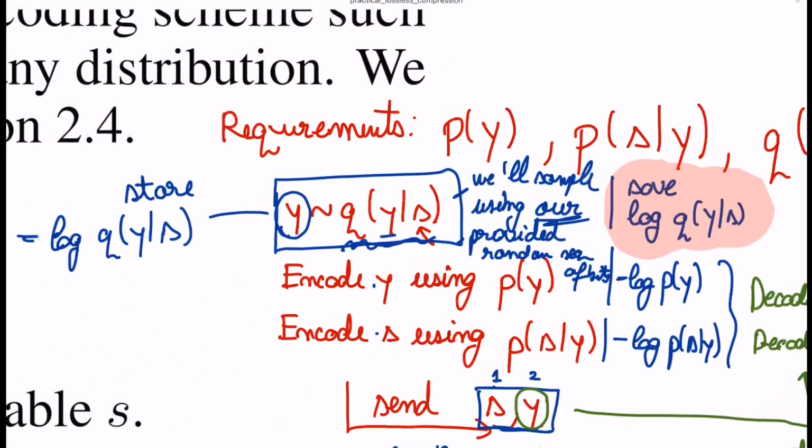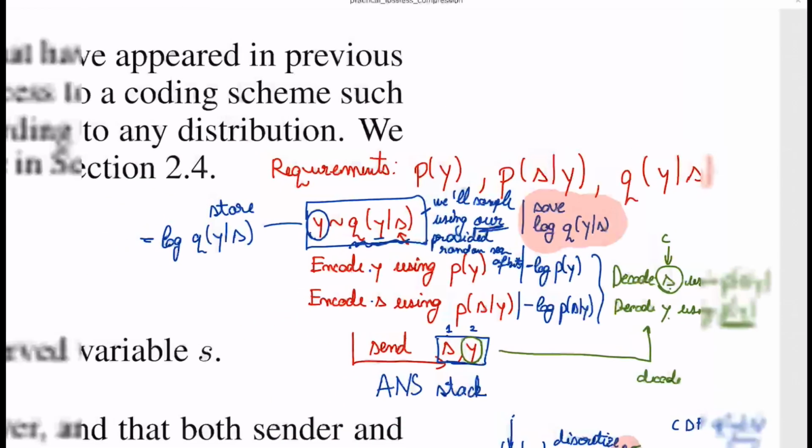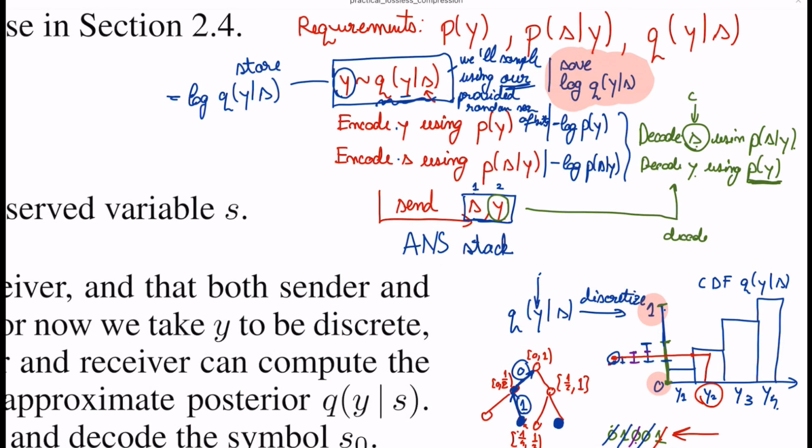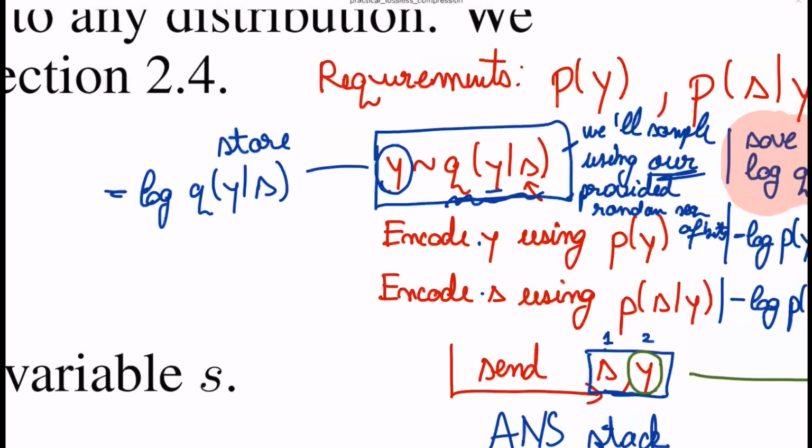So now I understand it can be a bit complicated, but the key point is that by using this mechanism and then the receiver using it to decode Y, it can get back this many bits. It can retrieve them.